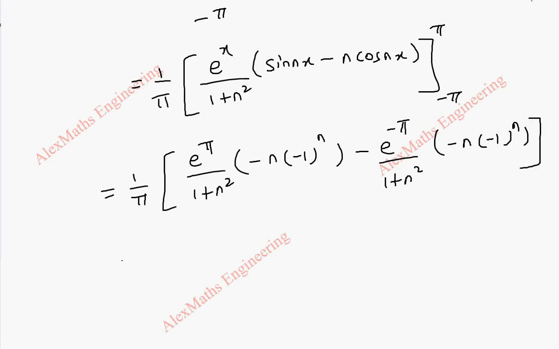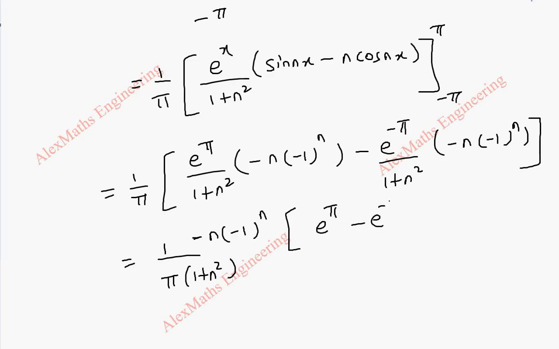Now we can take the common things out: 1 plus n square in the denominator, and in the numerator we can take minus n into minus 1 whole power n common. After that, the left out terms are e power pi minus e power minus pi.